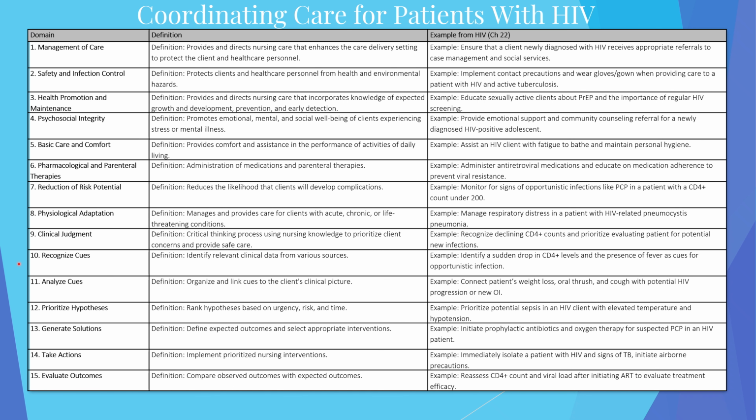So keep that in mind. Analyzing a cue: correlate patient's weight loss, oral thrush, and cough with potential HIV progression, or a new OI. OI is opportunistic infections.